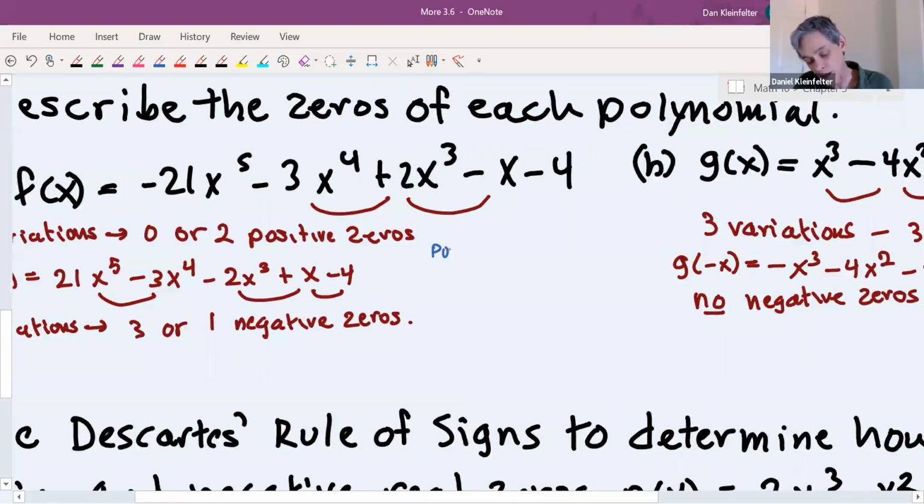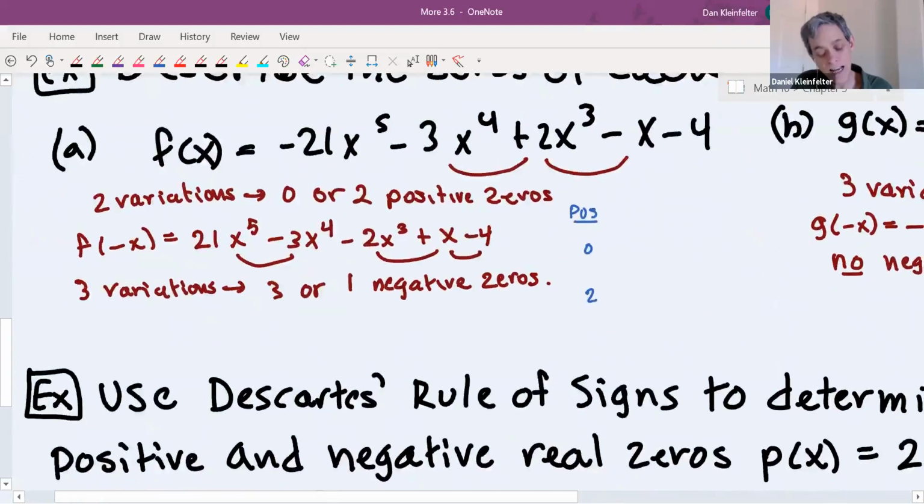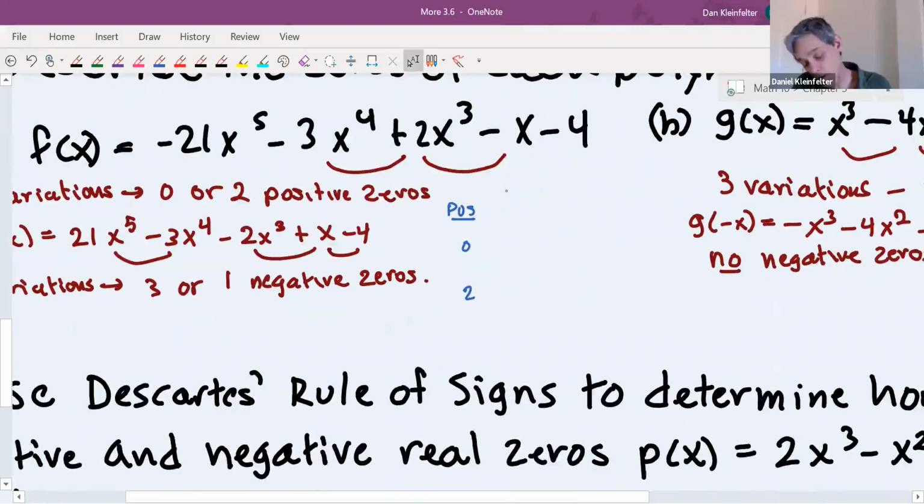The number of positive zeros is either 0 or 2, and then the number of negatives is either 3 or 1. I'm just trying to go through all the possibilities. There could be no positives or 2 positives, and 3 negatives or 1 negative in each case.